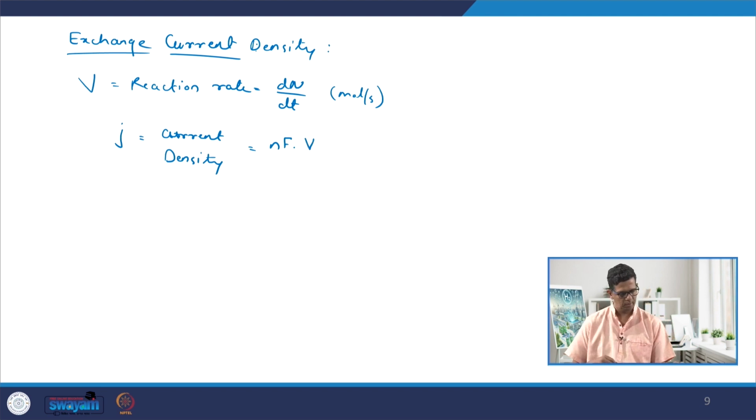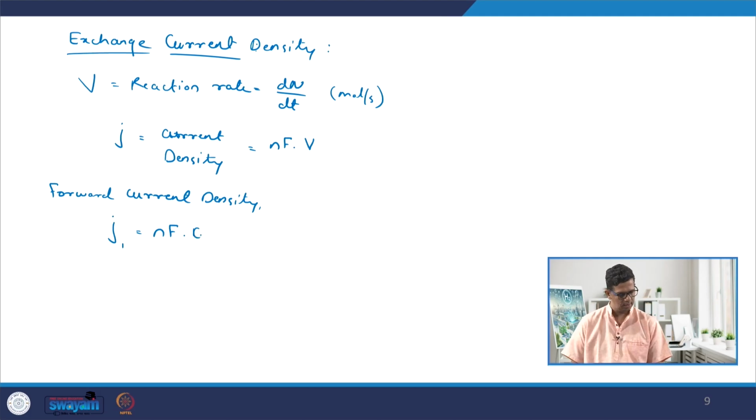So, let us write for the forward reaction. Forward current density, let us write it as J1, this is nF. So, we need to substitute for V1 here.